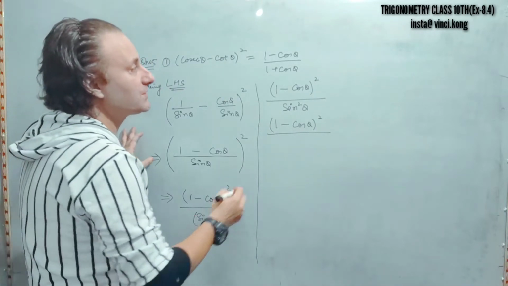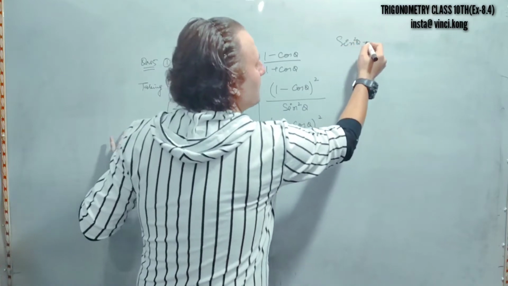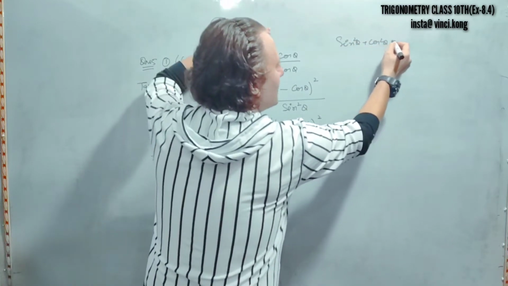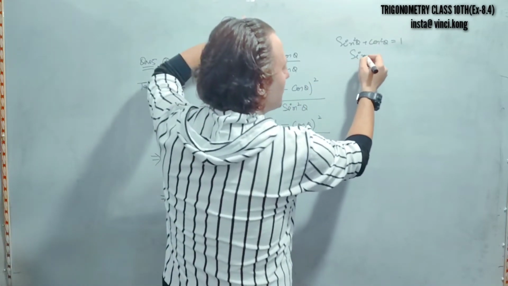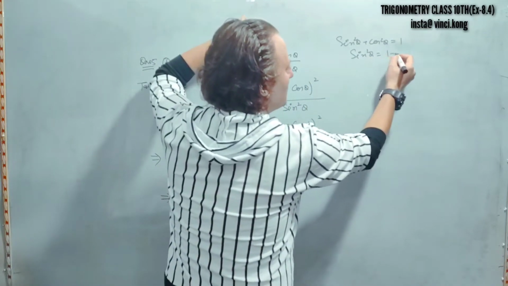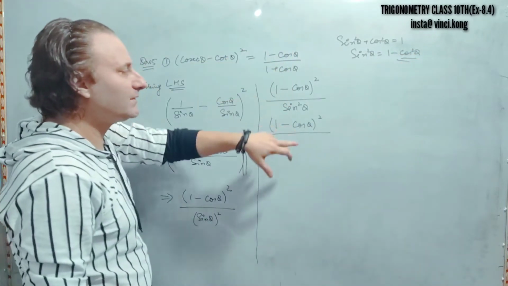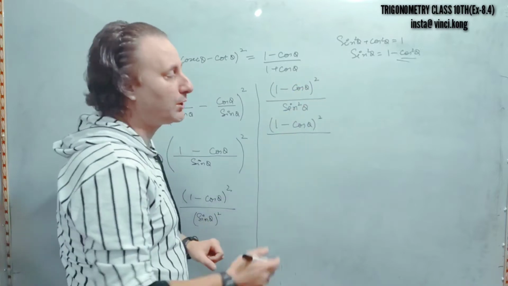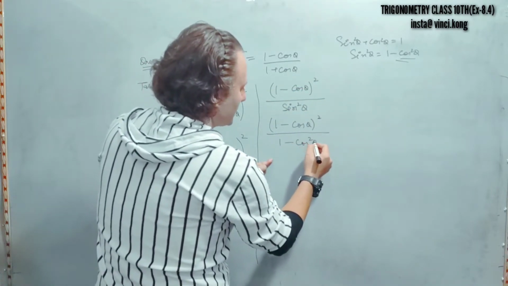If you remember, sine square theta plus cos square theta is equal to 1. So sine square theta will be 1 minus cos square theta. So instead of sine square theta, I can write 1 minus cos square theta here.